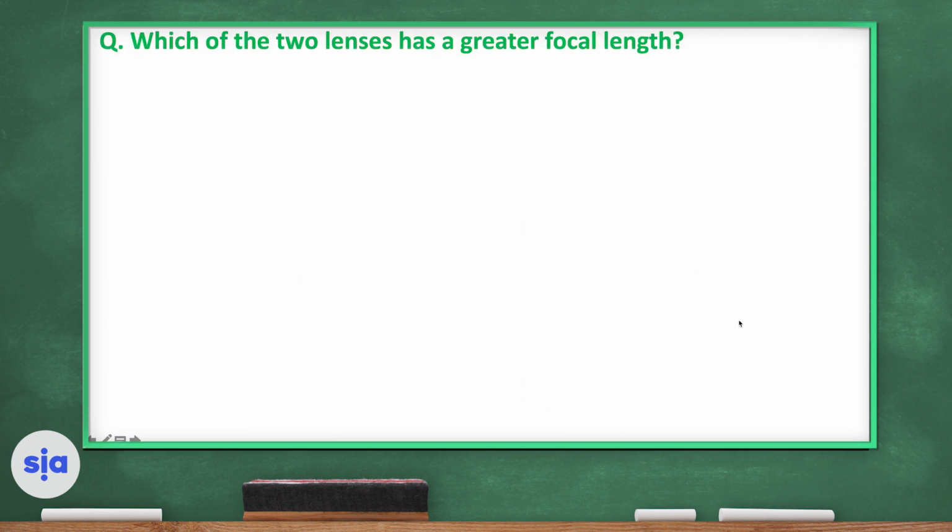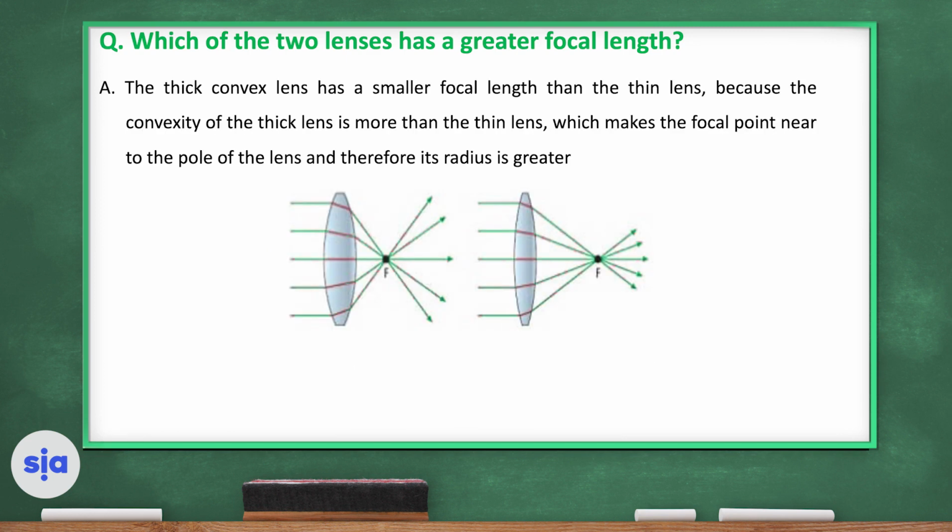Which of these two lenses has a greater focal length? This is a thick convex lens, and this is a thin convex lens. You can see here that the thick convex lens has a smaller focal length than the thin one, because the convexity of the thick lens makes the focal point nearer to the pole of the lens, and therefore its radius is smaller.